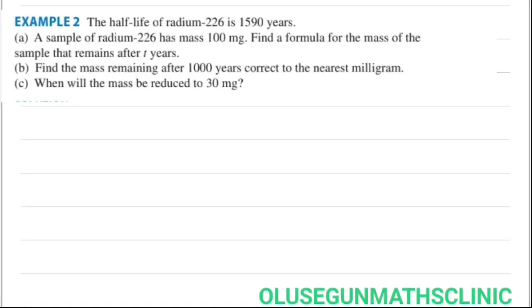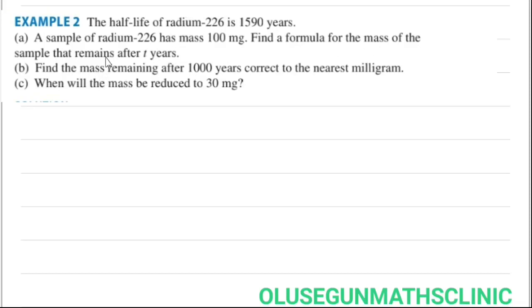Example: the half-life of radium-226 is 1,590 years. A sample of radium-226 has mass 100 mg. Find a formula for the mass of the sample that remains after t years.